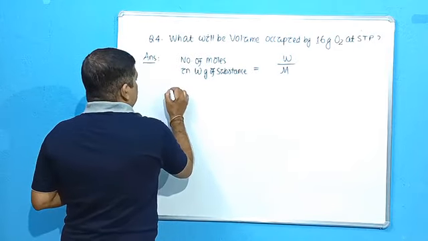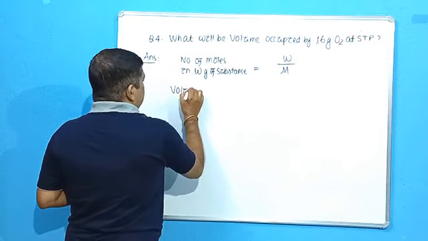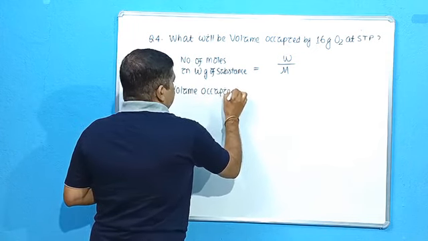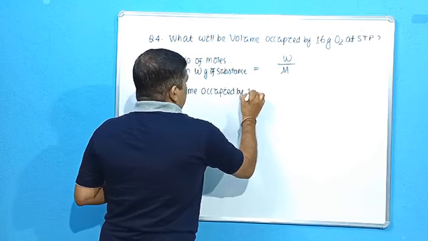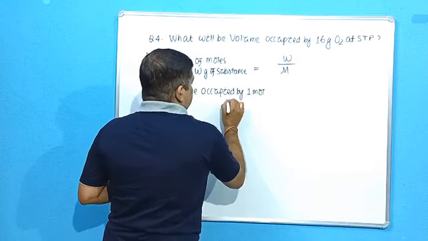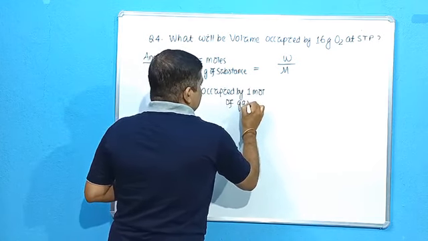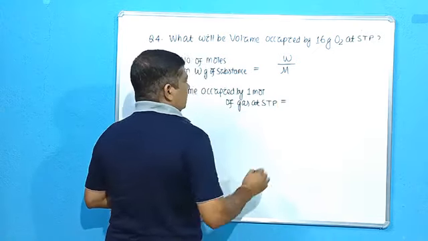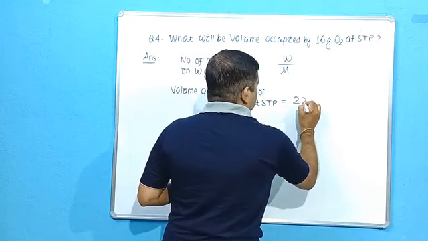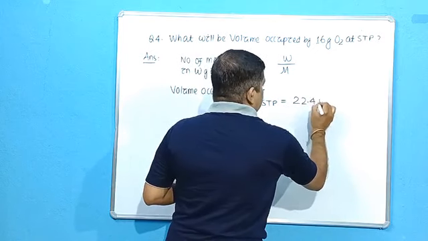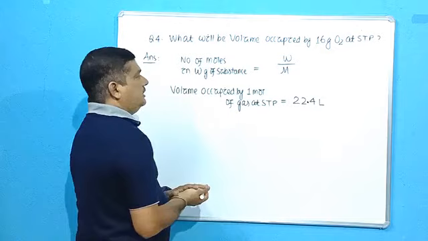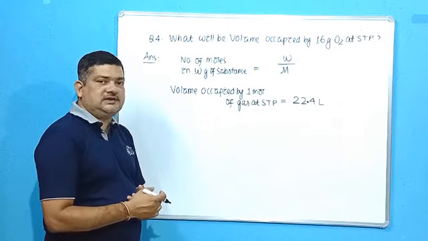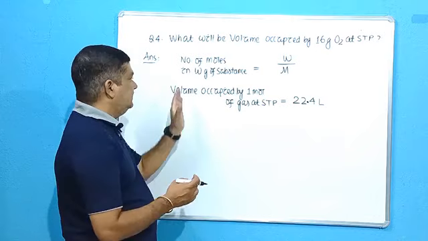Then the volume occupied by 1 mole of gas at STP is 22.4 liter. Any gas at standard temperature and pressure occupies 22.4 liter.